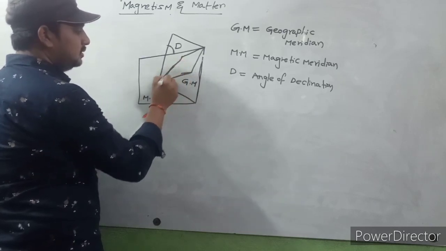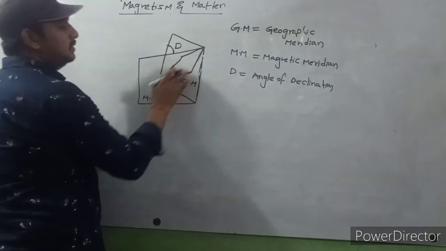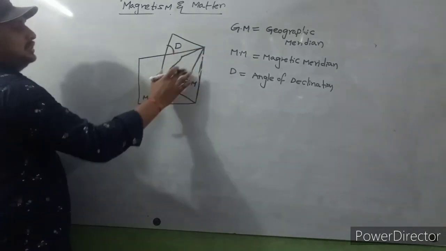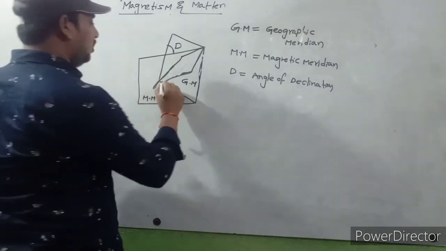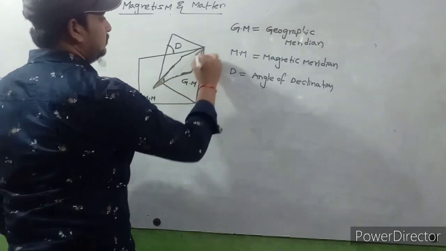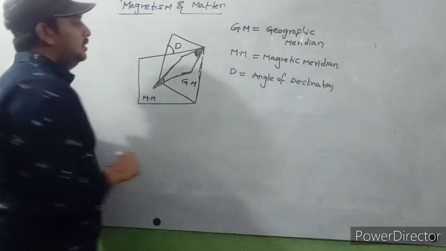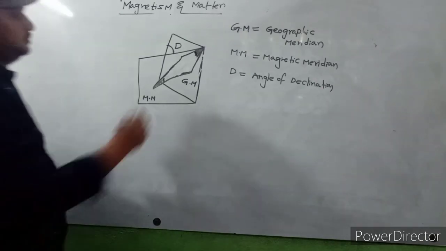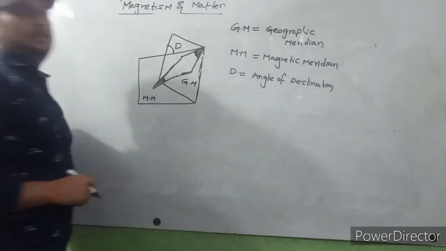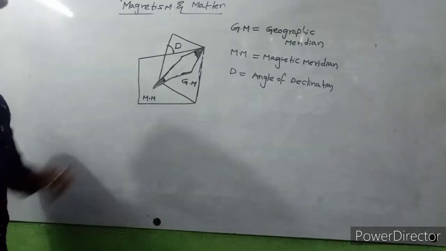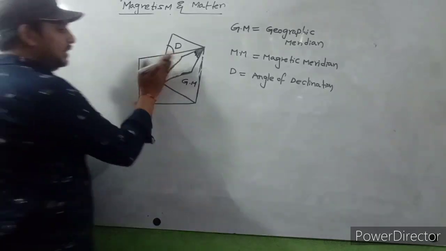The magnetic needle lies in it. So this angle of inclination is always measured in the magnetic meridian.